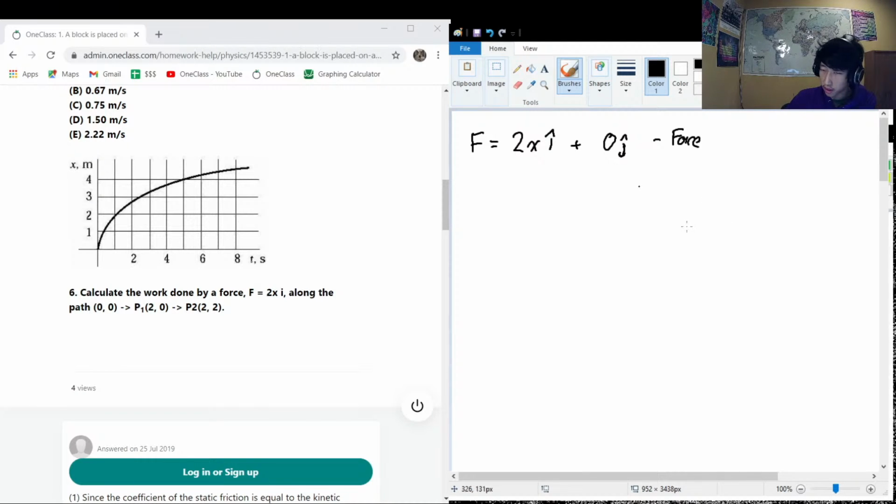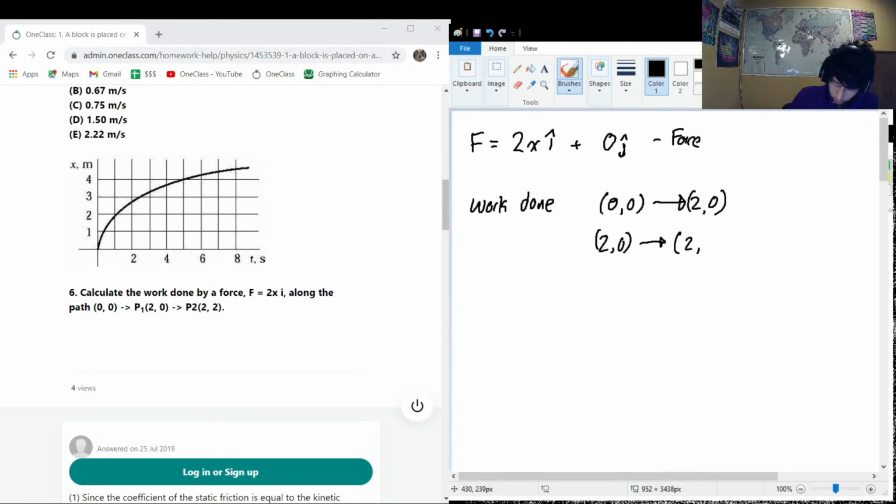Okay, so it's looking for the work done from 0, 0 to 2, 0, and then from 2, 0 until 2, 2.